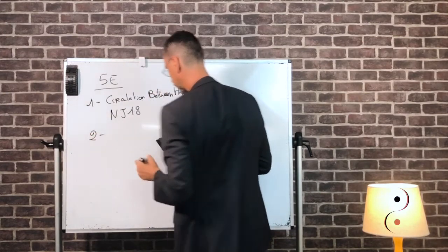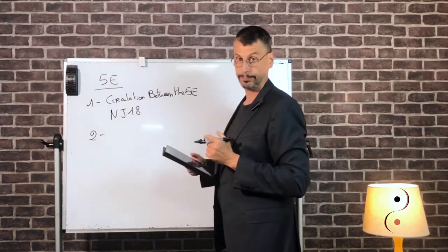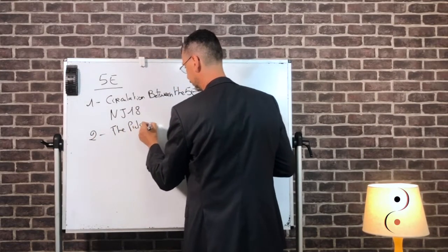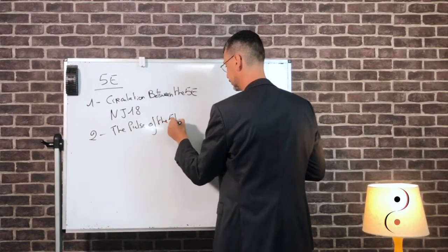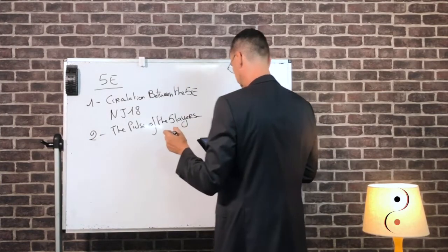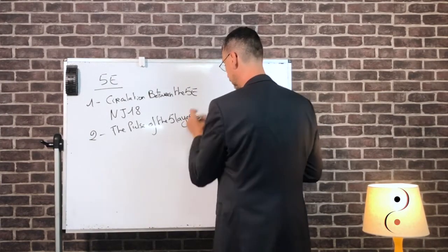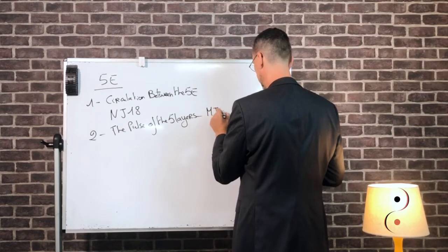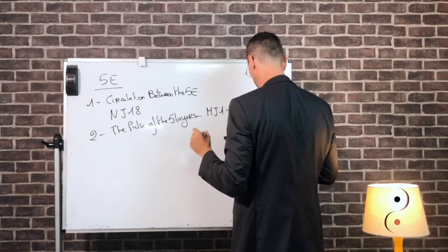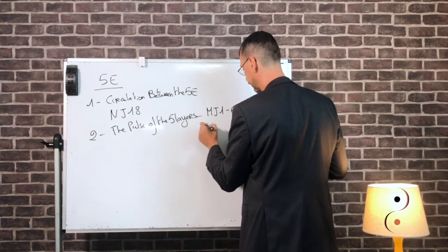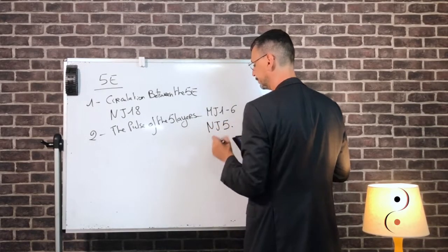Second, you have the pulse of the 5 layers. This is described in Maijing, in book 1, chapter 6 of the Maijing, and also in the 5th difficulty of the Nanjing, Nanjing 5.